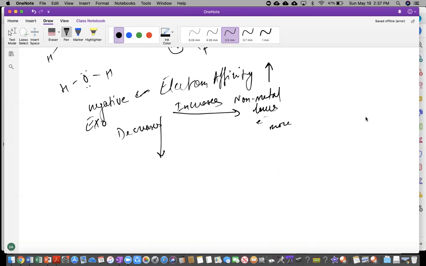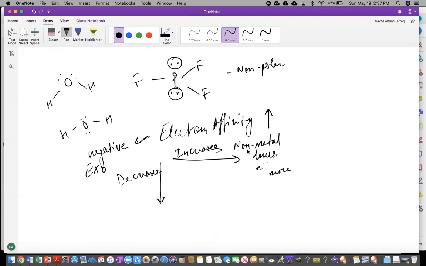It makes sense to talk about exo and endo because, physically, fluorine is wanting to gain one more electron. So to gain, you have to put in energy, right? No, to gain, they actually give off energy. Think of kids who want candy. After getting candy, they become very happy. Same with fluorine.